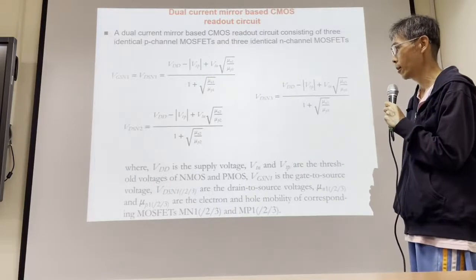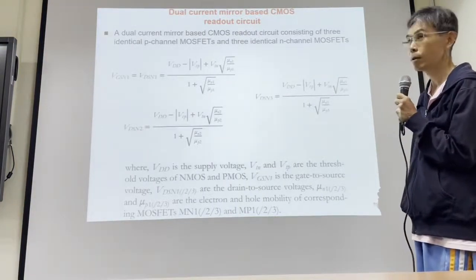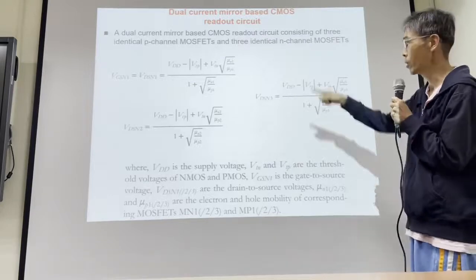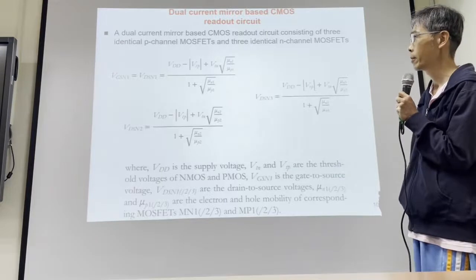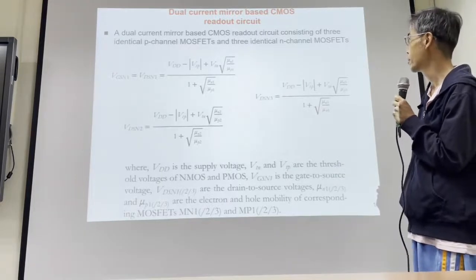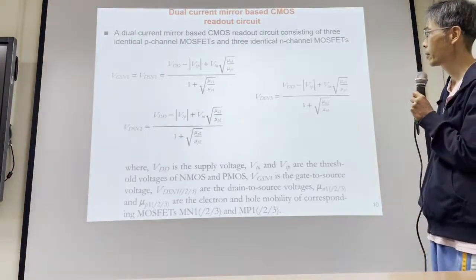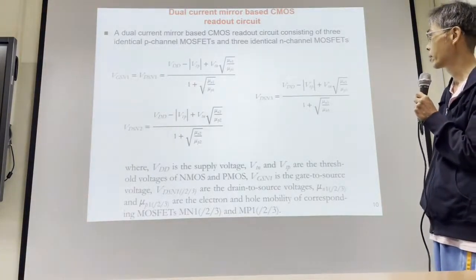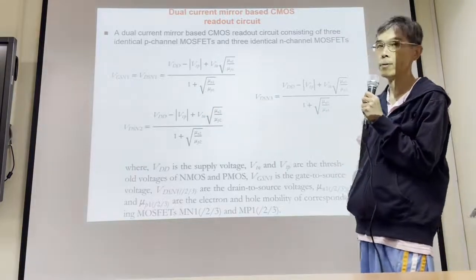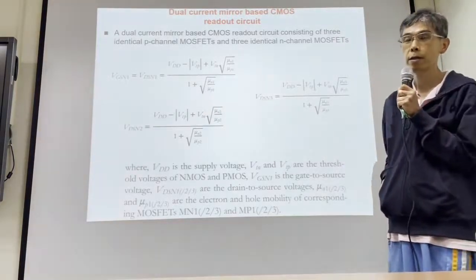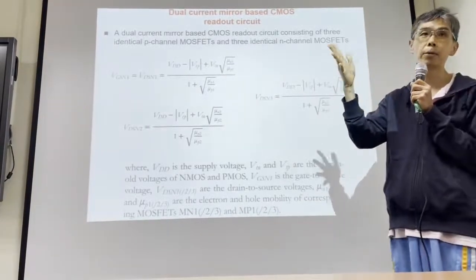Then is the circuit, the equation. Lai, could you read the first point? A dual current mirror CMOS readout circuit consisting of three identical P-channel MOSFETs and three identical N-channel MOSFETs. So the three PMOS and three NMOS are identical, with the same arrow and the same dotted symbol.